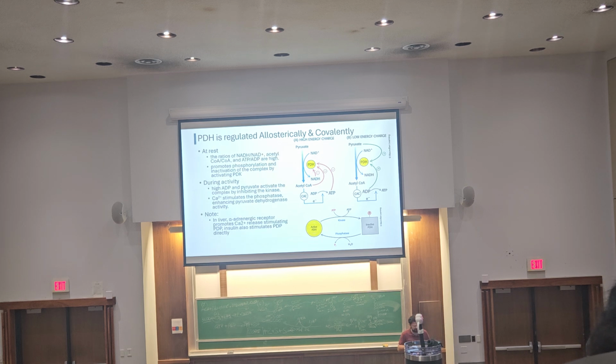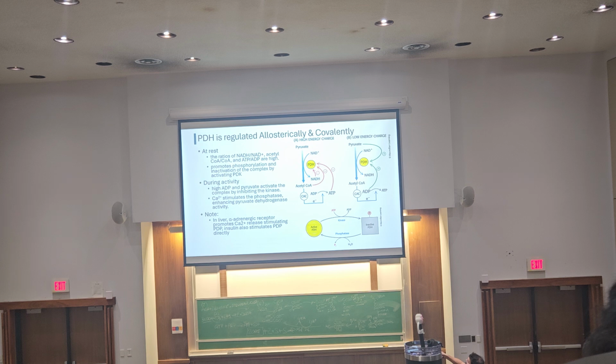Right. And this is exactly what happens. So at rest, the ratios of NADH to NAD plus and acetyl-CoA and ATP are high, and these all negatively allosterically regulate the pyruvate dehydrogenase complex, as we've seen. But additionally, it promotes the phosphorylation and inactivation of the complex by activating PDK, right?